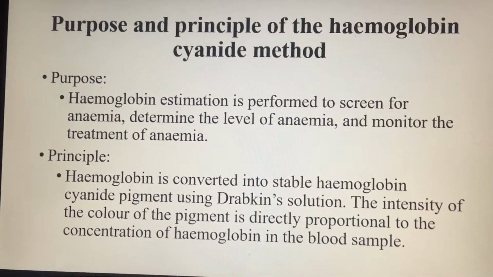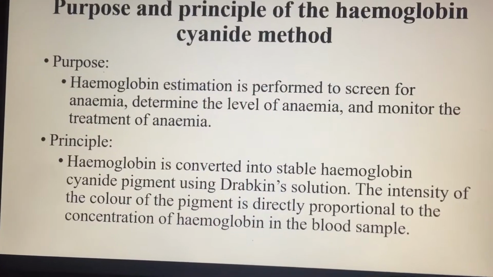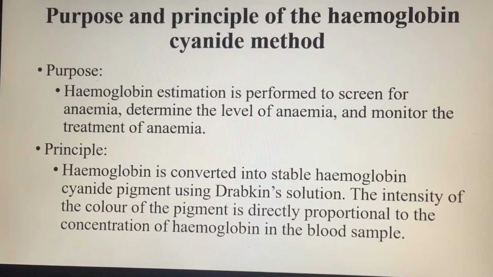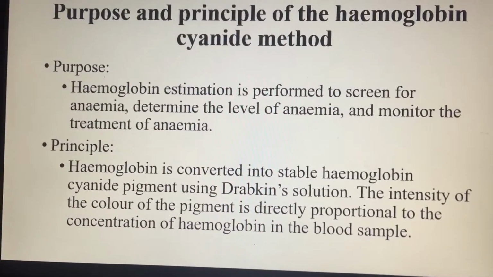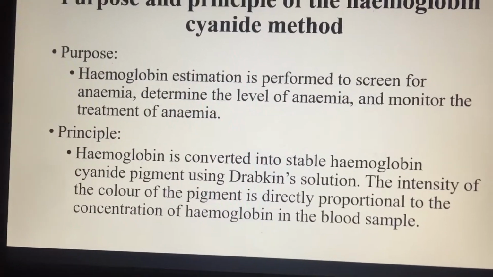If someone has the condition of anemia, he or she will be treated with different medication. After that, we also want to do monitoring or follow-up of that treatment of anemia.